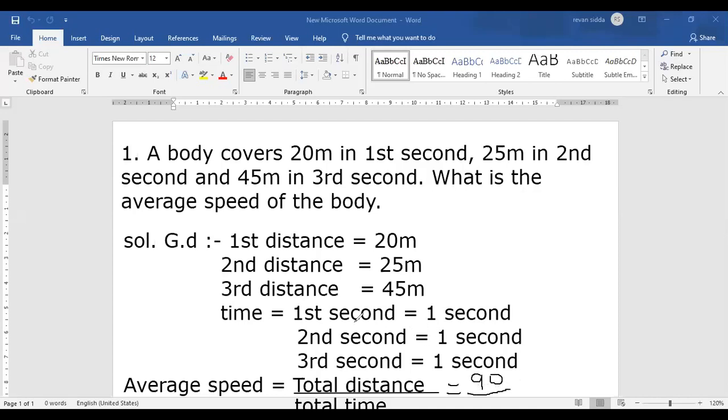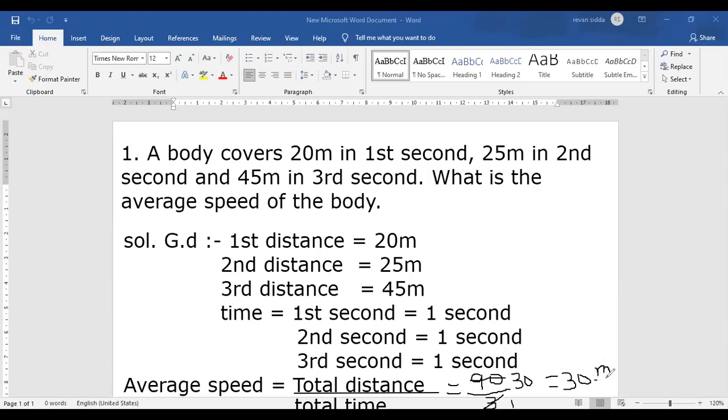Total time, how much time? 1 second, 1 second, 1 second. If we add all the three, then we'll be getting 3 seconds. 3 here. If we cut this one, 3 threes are 9, and 3 will be coming here, so it will be equal to 30 meter per second.